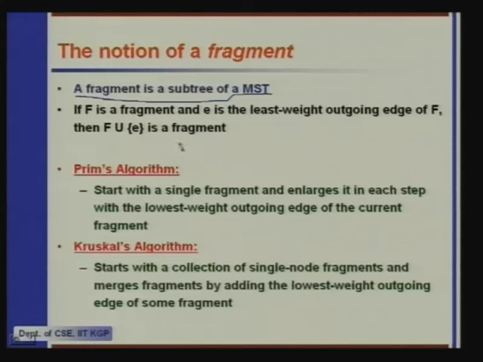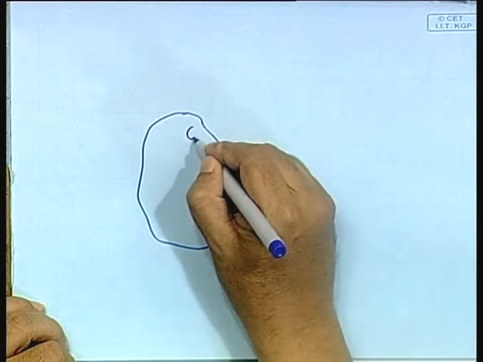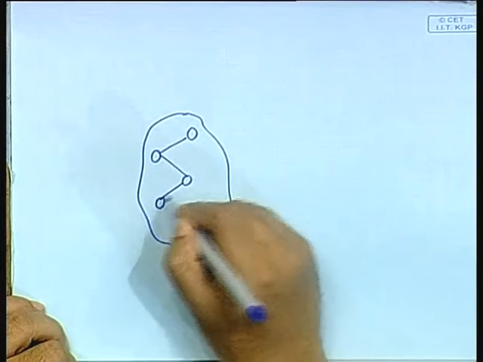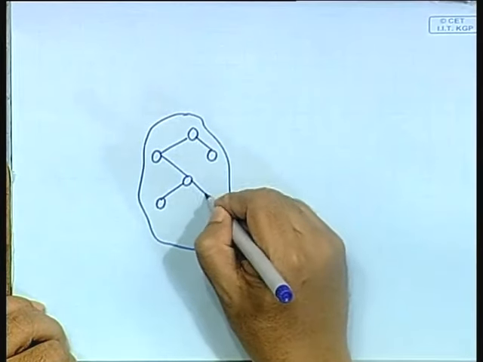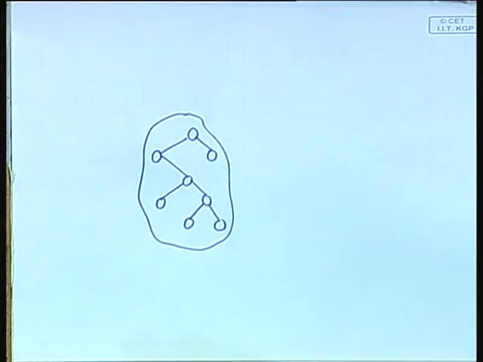right. What does this say? Suppose this is the subtree of a minimum spanning tree, right.